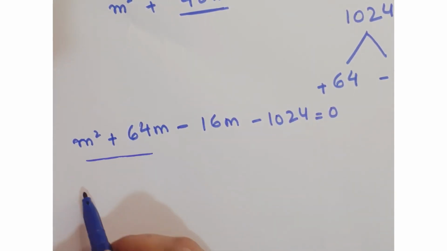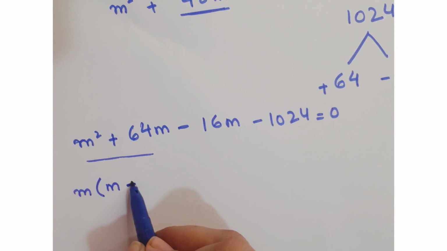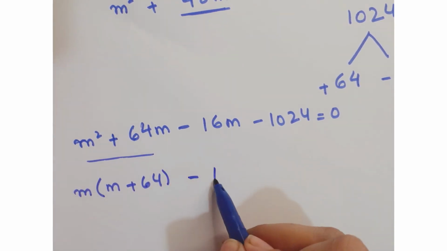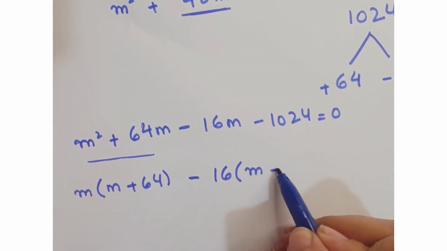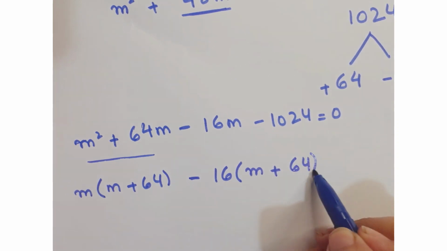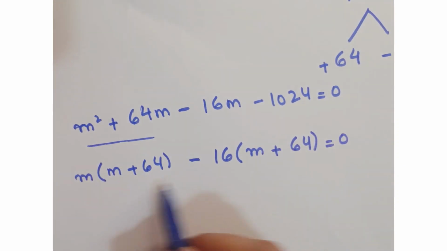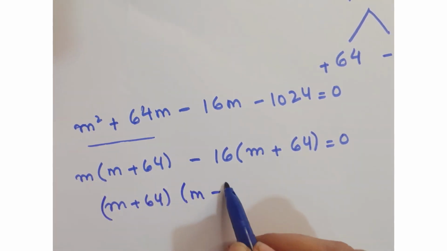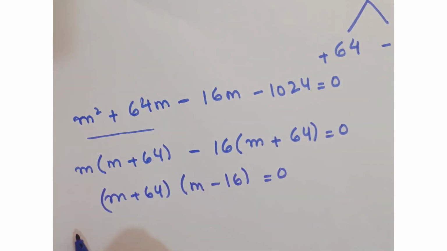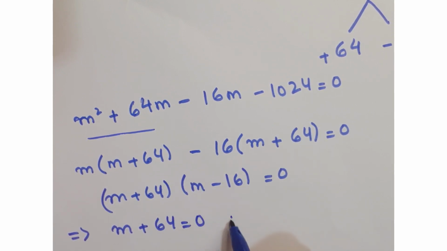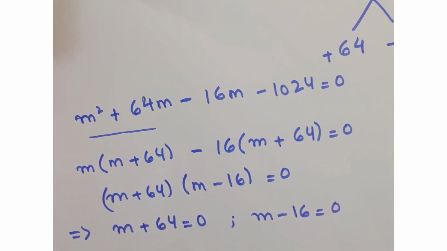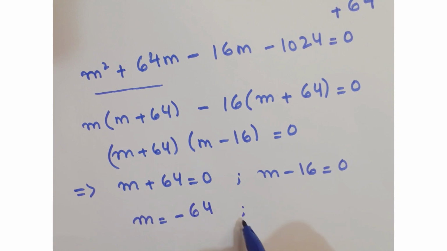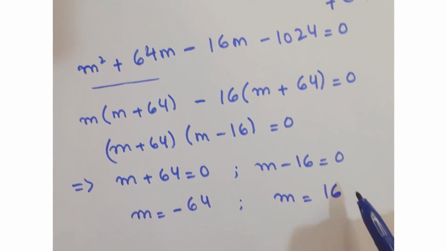Out of these two terms take m common, so you are left with m plus 64, minus 16 out of the other two. Now take out m plus 64 common, so you have m minus 16 is equal to 0. This implies that m plus 64 is 0 or m minus 16 is 0. Further, m is equal to minus 64 and m is equal to 16.